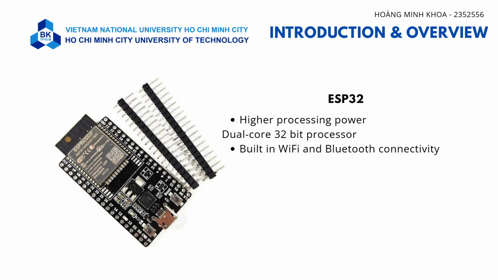The reason why we didn't choose the Arduino for this project is that it does not come with a Wi-Fi module, and we think that an IoT project without internet really loses the beauty of IoT. So we'll go with the ESP32.